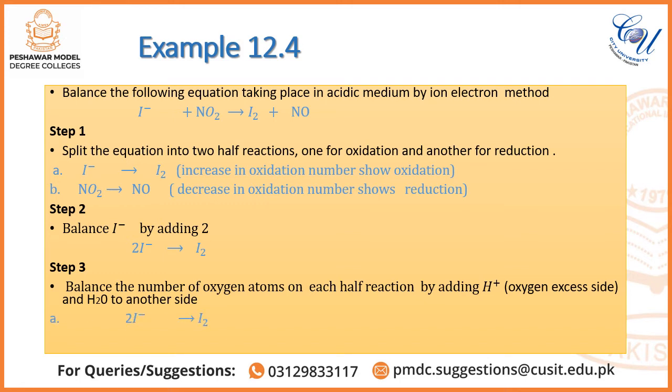As we can see, on the reactant side, that is nitrogen dioxide, we have excess oxygen. So we have added H plus ions on the reactant side, and water can be added to the opposite side. That is why we have added water to the product side, that is the oxygen deficient side.